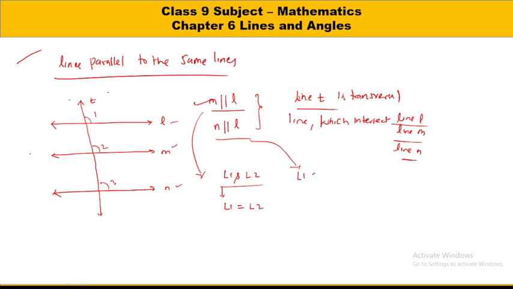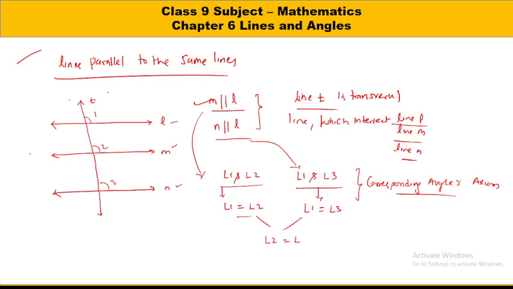Angle 1 and angle 3 are corresponding angles, and these will be equal. Angle 1 is equal to angle 3. On the basis of the corresponding angle axiom, we have written that these two pairs of angles are equal. Now from these two we can say that angle 2 is also equal to angle 3.